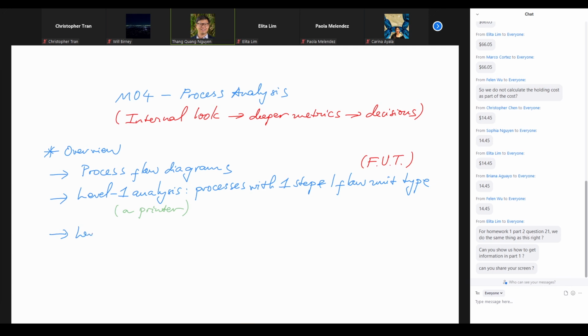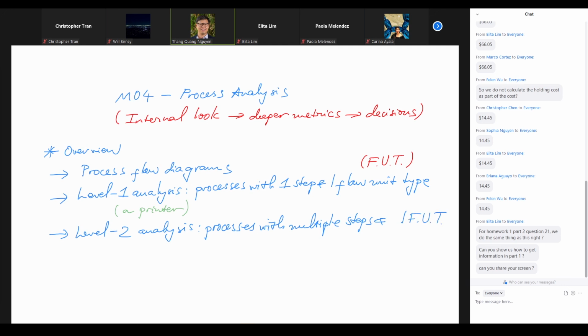In level 2 analysis, we are looking at processes with multiple steps, but we only have one flow unit type, right?